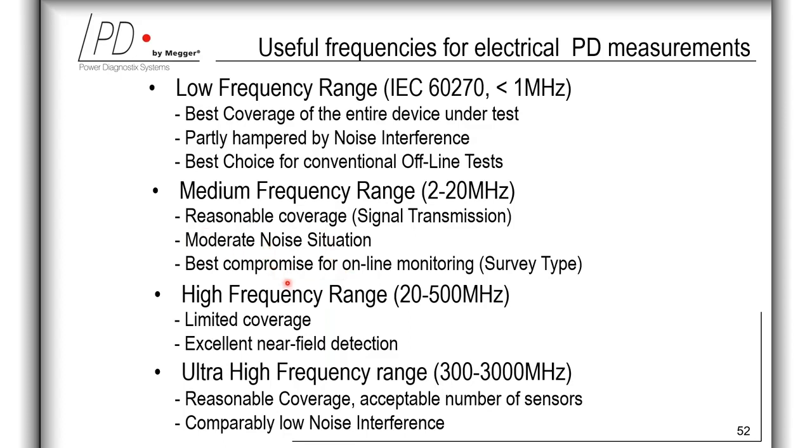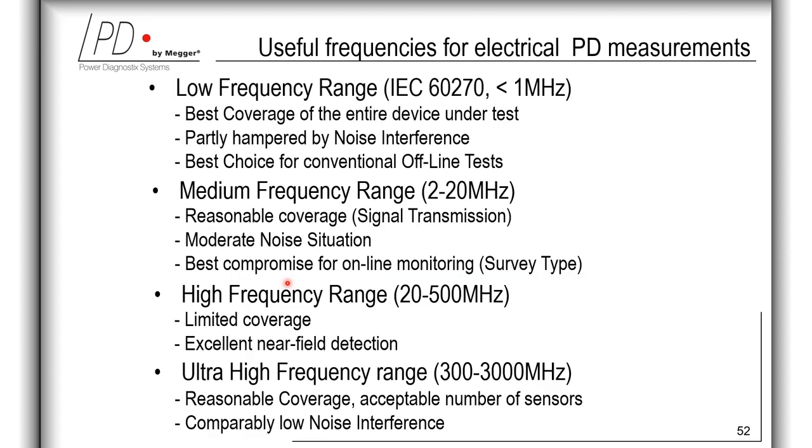For the 20 to 500 megahertz range, there is limited coverage of the electrical PD signals, mostly due to high frequency effects. Because of the signal attenuation, since the high voltage equipment is designed to transmit high currents and high voltages at either 50 or 60 hertz, so not for these high frequency ranges.